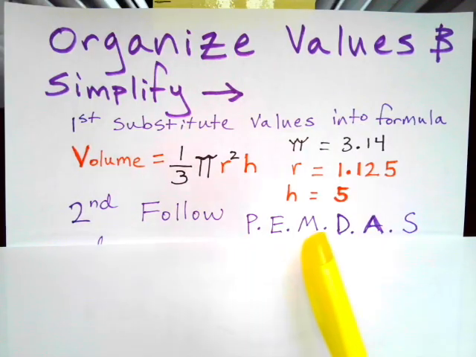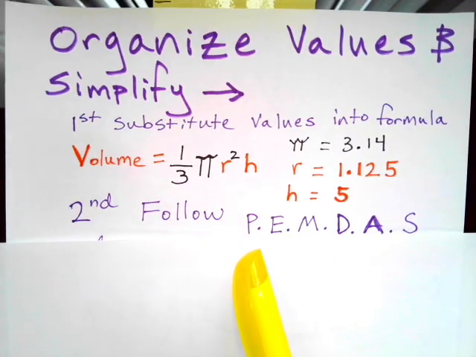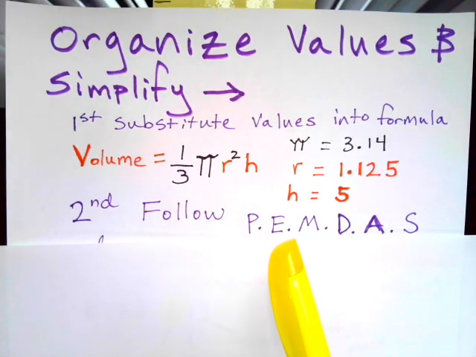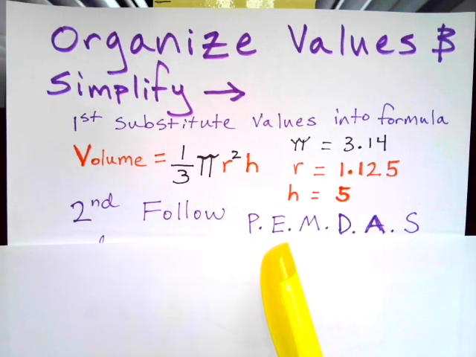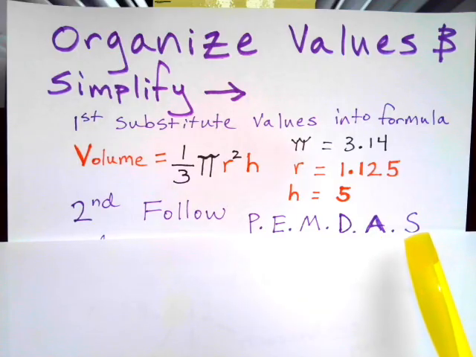You think about PEMDAS, or order of operation, with every single step that you take. If there are no parentheses, the next step is to simplify any exponents. If there are no exponents, then the next step is to multiply or divide. And then after that, you add or subtract.